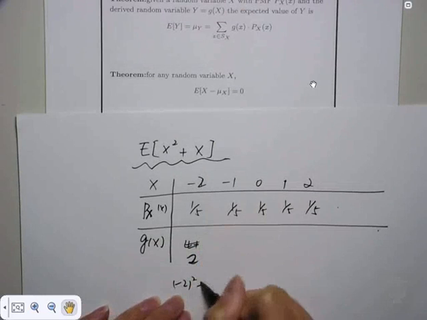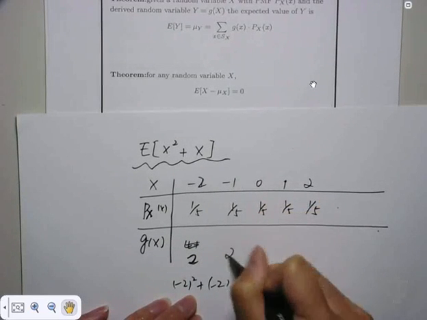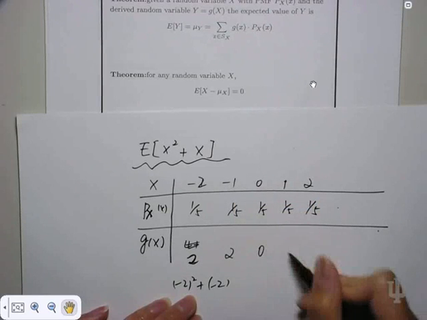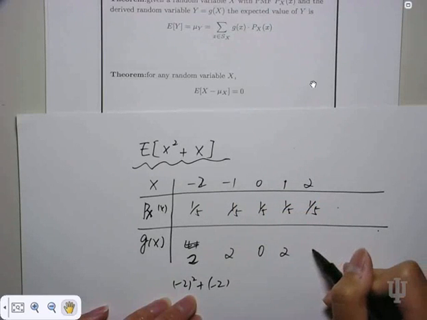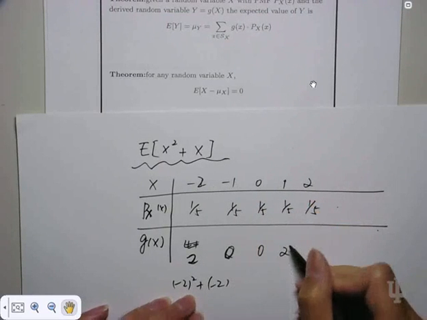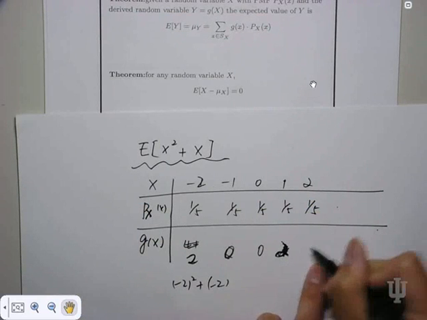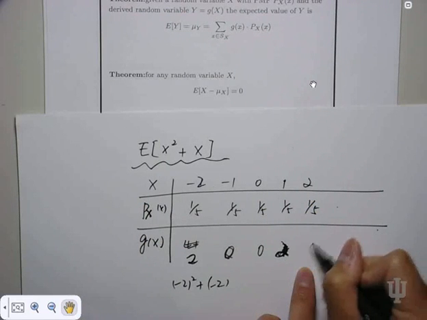Minus 2 squared plus minus 2, right? And for this one is 1 plus 1, 2. This one is 0. This one is 2. No, that one, the second one's 0. Oh, sorry. This is 2, 2, and this is 6. Yep.